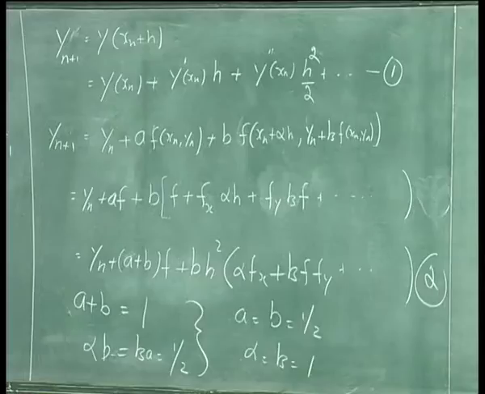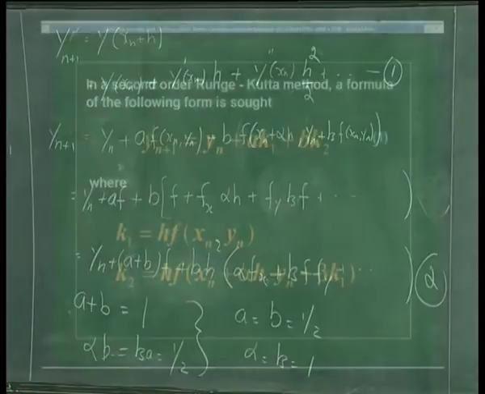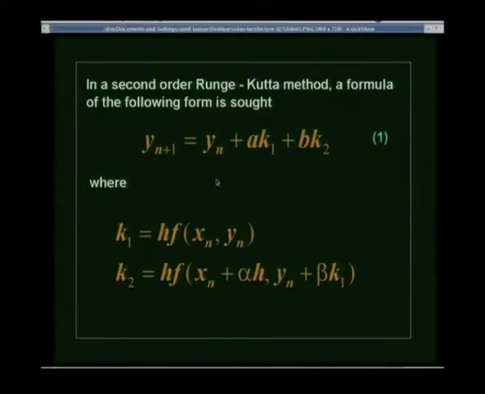Let me just summarize that here. Basically I take this equation, which is our solution, and expand the left hand side and the right hand side independently. That is y_{n+1} is y at x plus h, which I can expand using a Taylor series, and I can also expand b k2 because k2 is this term, which I can also expand around x_n and y_n.